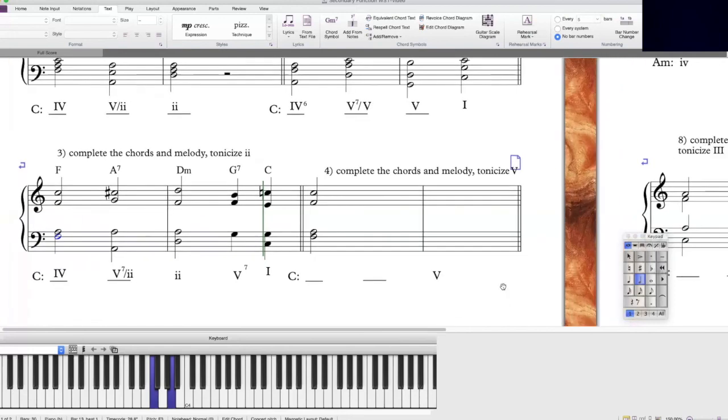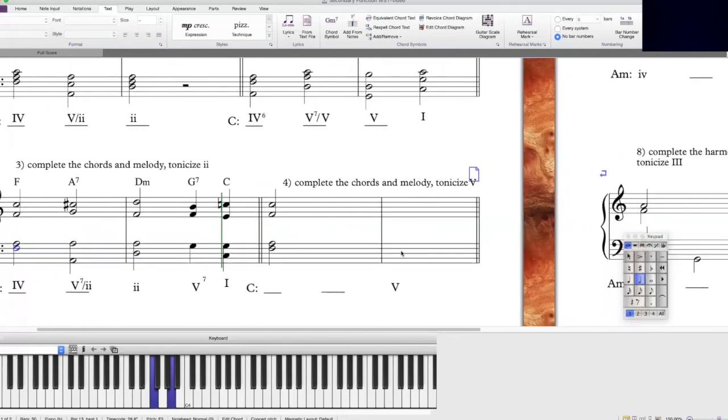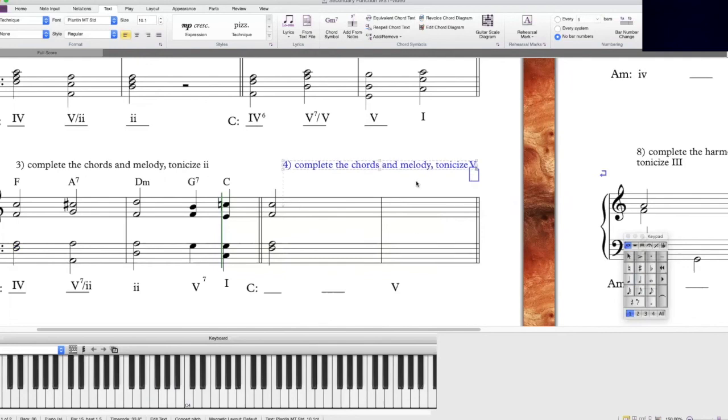So final example here is one that I'm going to let you guys work out. This is C major, and again, we're tonicizing 5. So just give you some quick hints here, but I'll let you work out the details. Make sure that you're thinking from the 5 chord backwards, right?